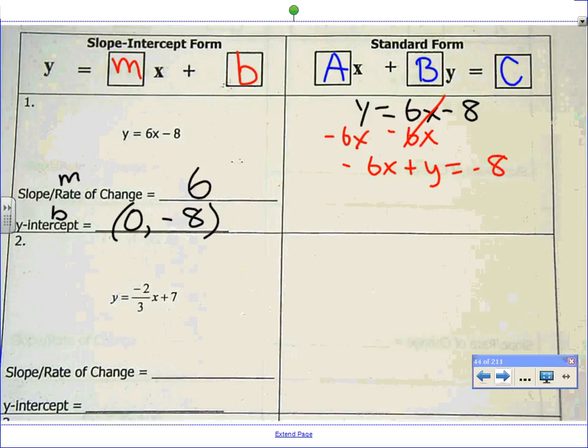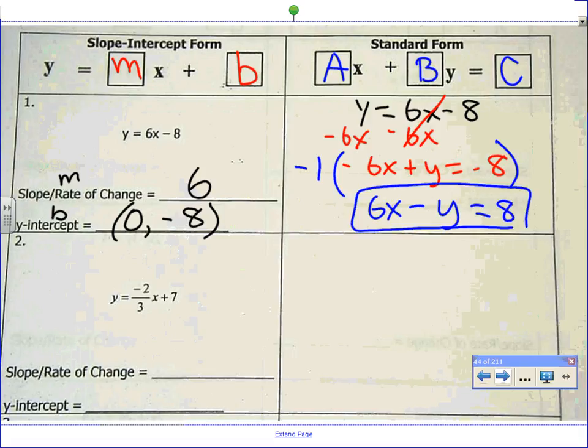Kevin, what's wrong with that, the way it is? Good, the a is negative. Madison, how do we get rid of the negative? Good, divide or multiply everything by -1. You can put parentheses around the whole thing if you want, or you can put parentheses on each side. It's your call. After you distribute -1 to everything, you end up with 6x minus y equals 8.